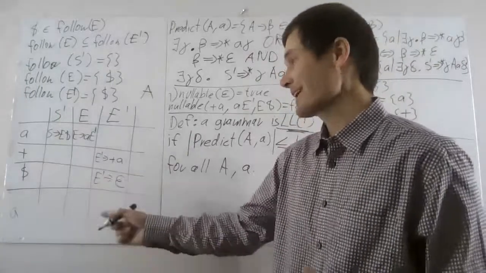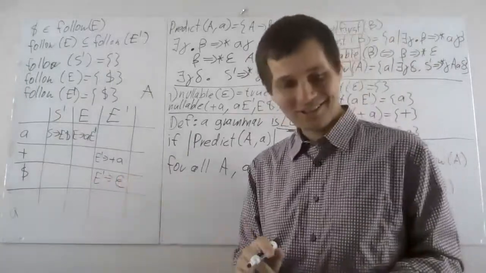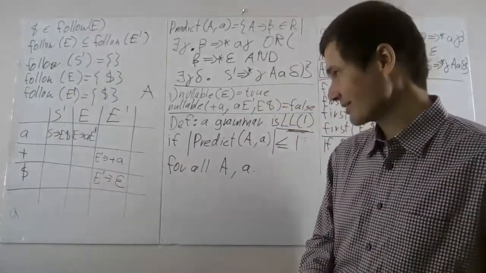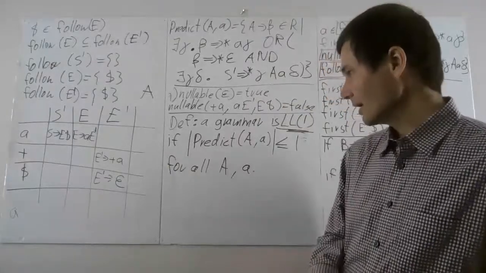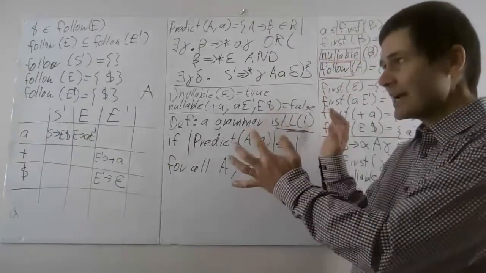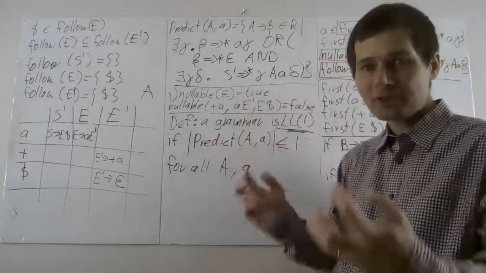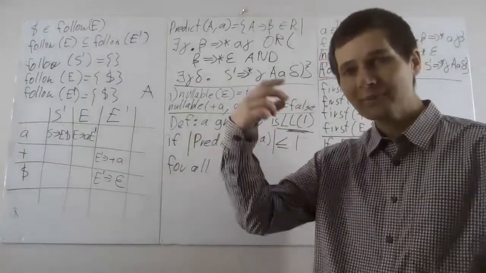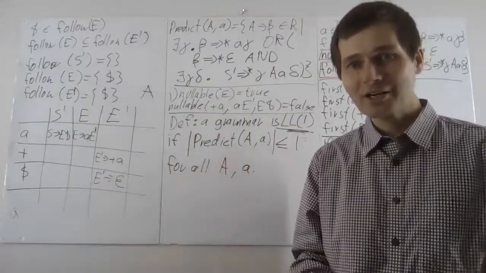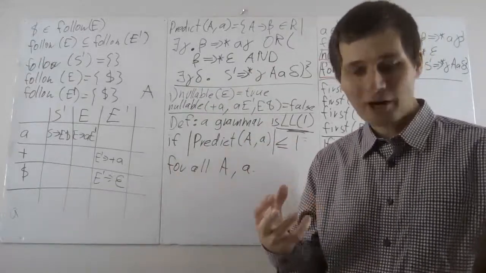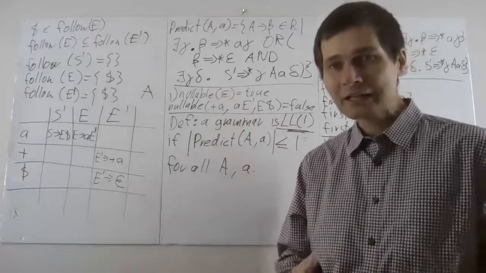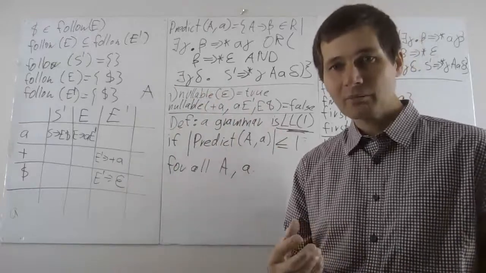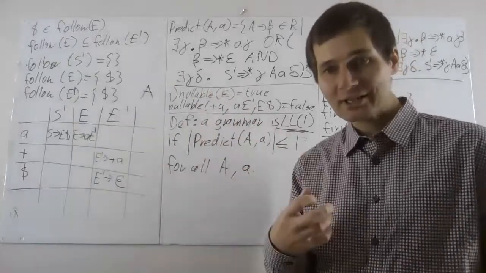E prime goes to epsilon, not to $. Okay, so now we have LL1 parsing done, and I'm eager to get to LR parsing because that's what I'm recommending that you implement in the project. But we're done with LL, and now we can move on to LR in Wednesday's lecture.